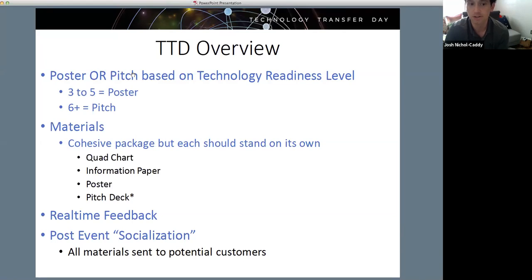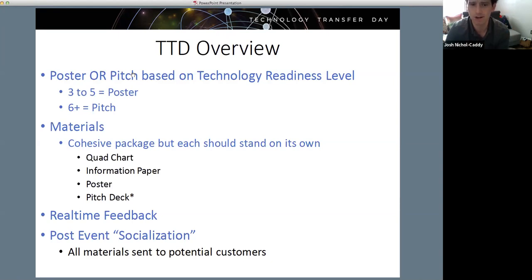Again, the materials, we're trying to put together cohesive packages. So you've got the quad chart, which covers very specific information, and we've assembled those and put those in your box folder. We have an information paper, which expounds on the information that was in your quad chart.